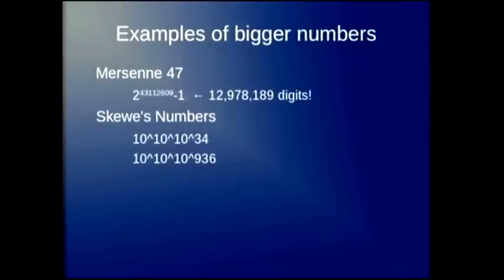But we can approximate it with the logarithmic integral. And there was this guy named Skewes, and he calculated that the logarithmic integral and the prime counting function cross. And the point that they cross was either 10 to the 10 to the 10 to the 34, which is 3,000 some digits, or 10 to the 10 to the 10 to the 936, depending on whether or not the Riemann zeta hypothesis was true or false.